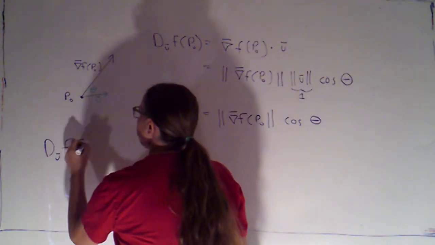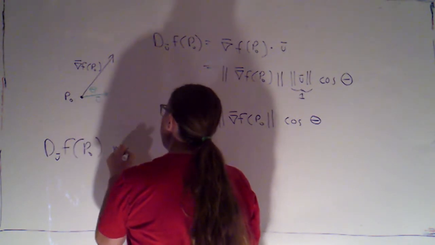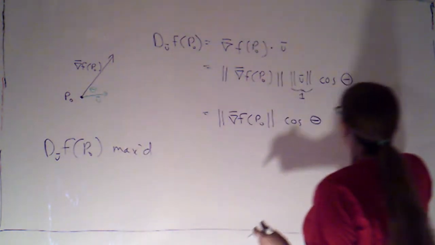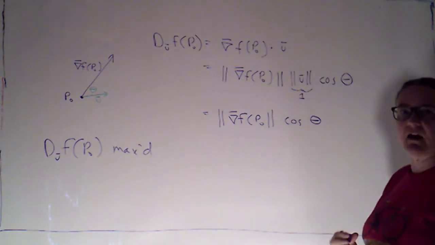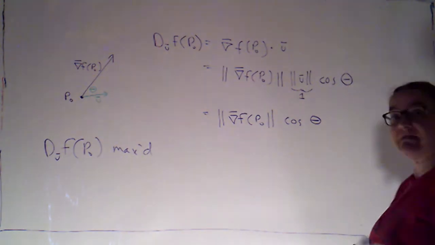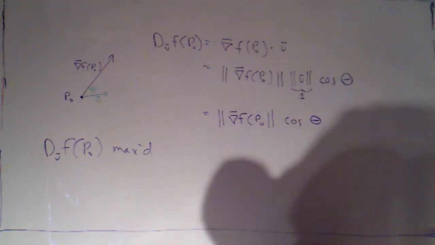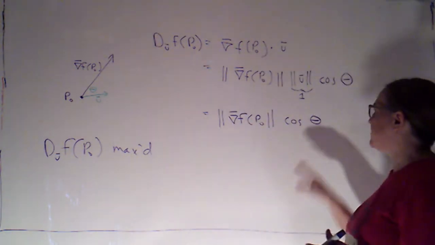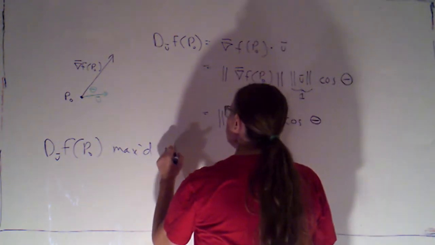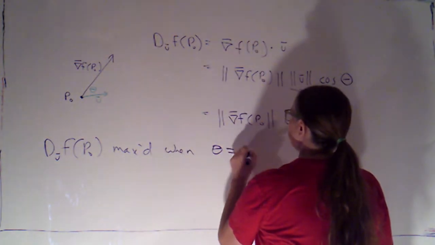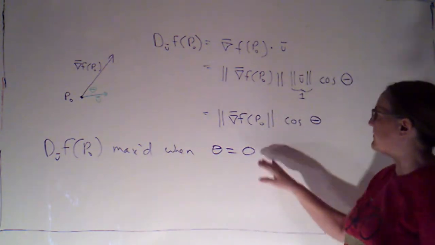So D_u f at p naught is maximized when theta is equal to 0, because that's going to make cosine of theta equal 1, and that's the only angle between 0 and pi, which is the range that theta is allowed to take on, that has a cosine of 1. So it's maximized when theta is equal to 0, making cosine of theta 1.